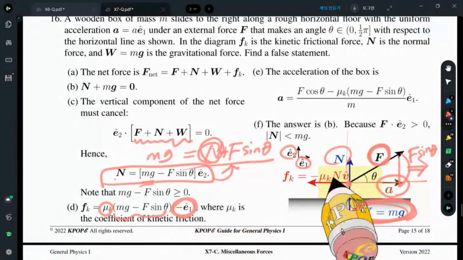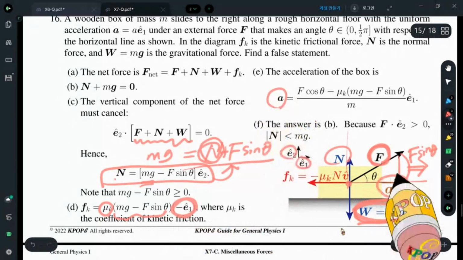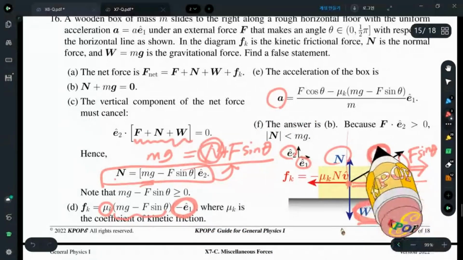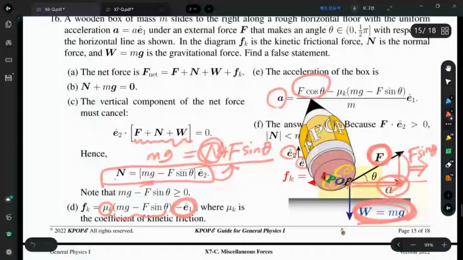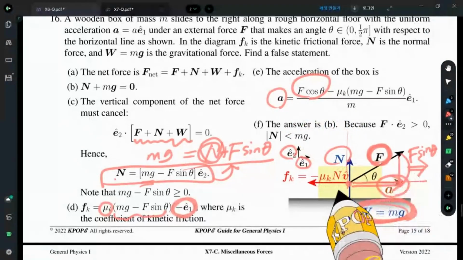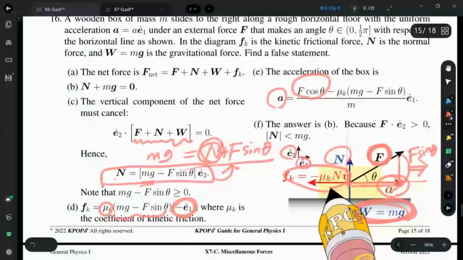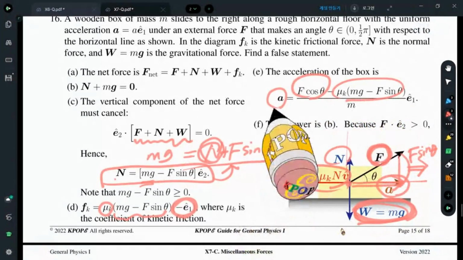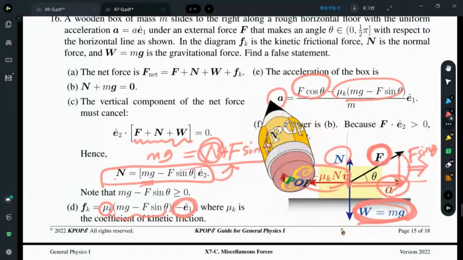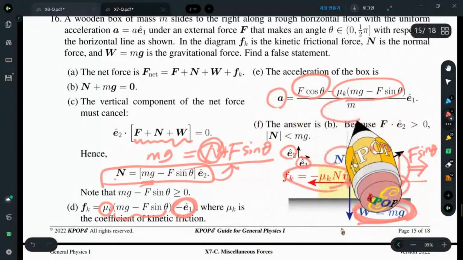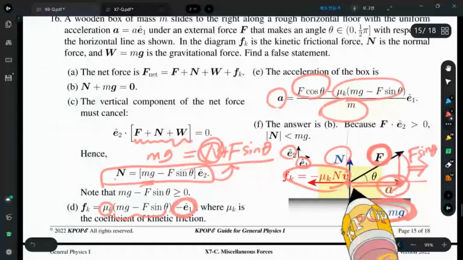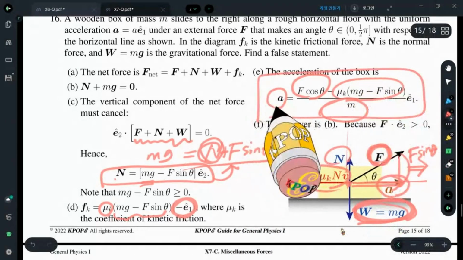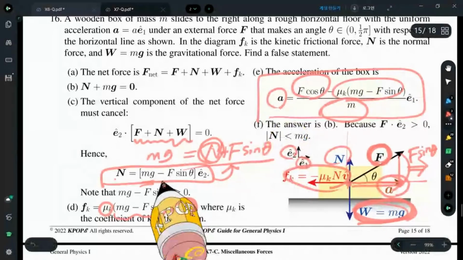Okay, as a result, for the acceleration, the net force is the horizontal component of F, and in the opposite direction we have the kinetic frictional force that is subtracted. We divide by the mass of this object. This is the answer for the acceleration of this box.